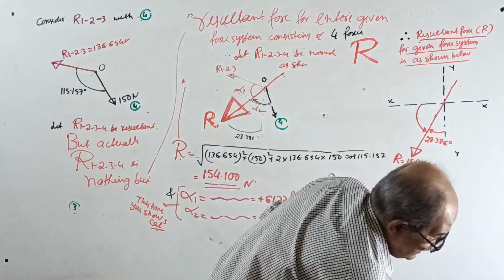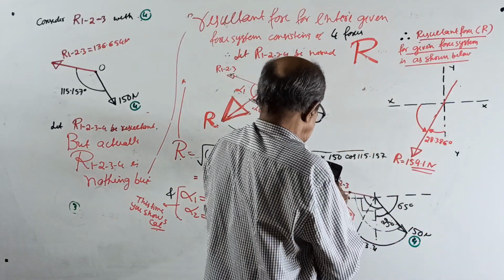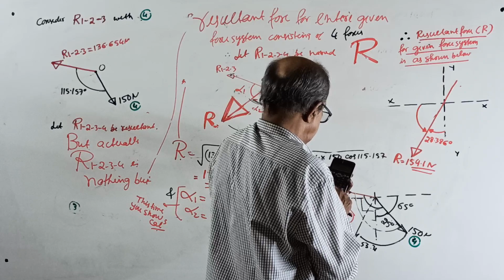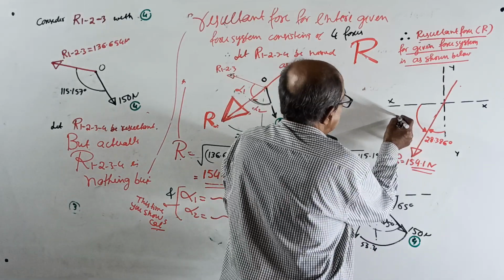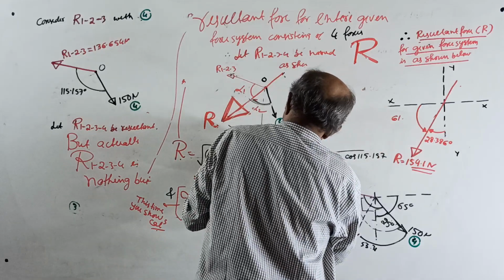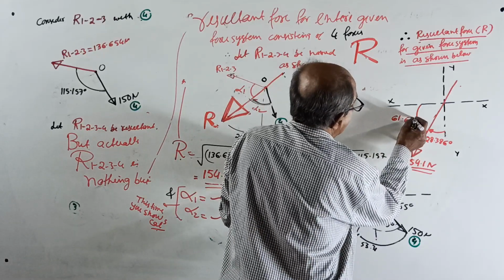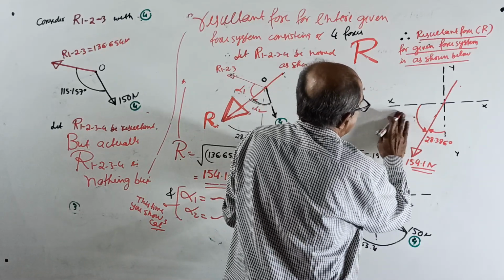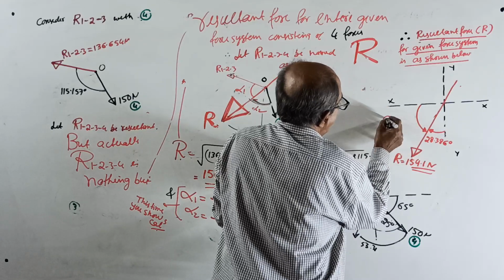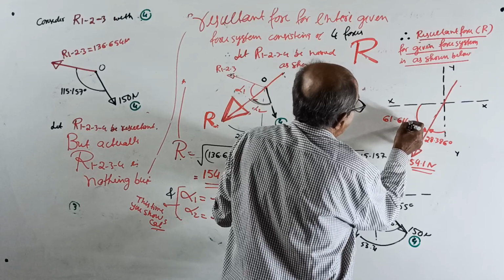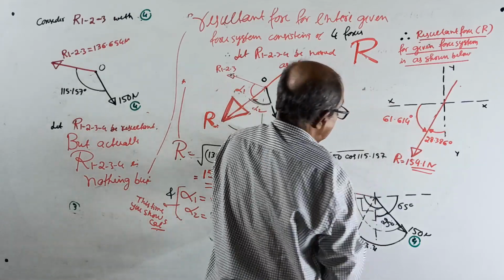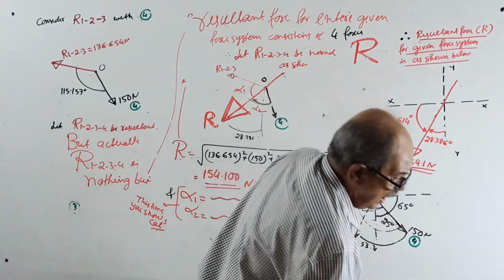From 90 subtract 28.386, which is 61.614 degrees. See, light problem here. I should change the calculator because this display is very dull.